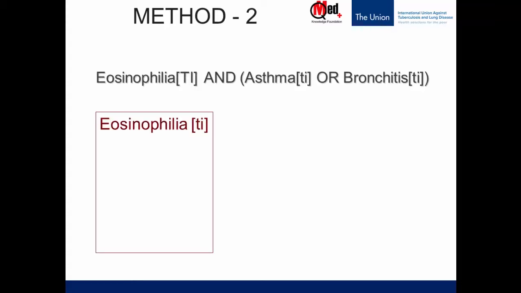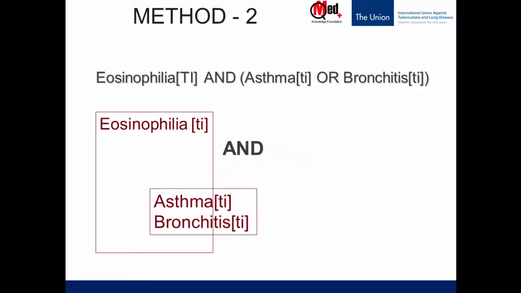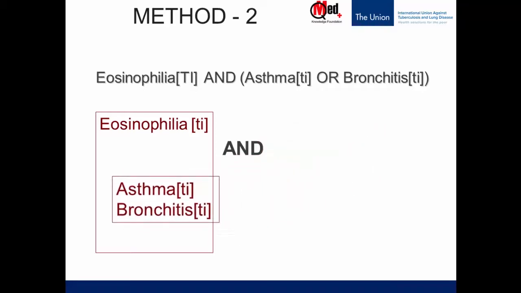It first makes a set where there's eosinophilia in the title, then makes a second set where there's either asthma or bronchitis in the title. When we combine it with and, it knows that the asthma or bronchitis has to be applied to the eosinophilia set.